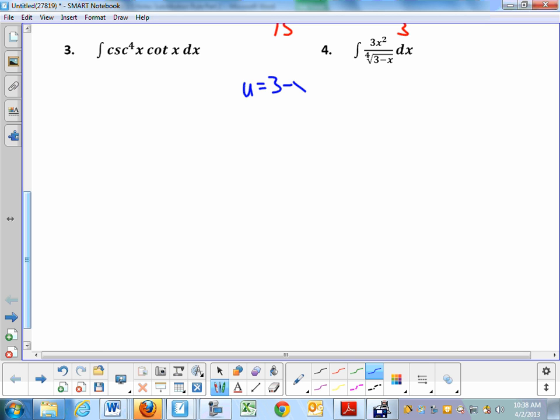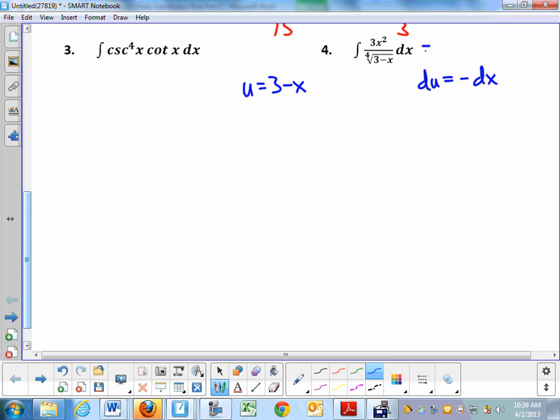u equals 3 minus x. We're off to a good start. What do we have up there that we need to account for? A 3x squared. You can move the 3 out front, right?